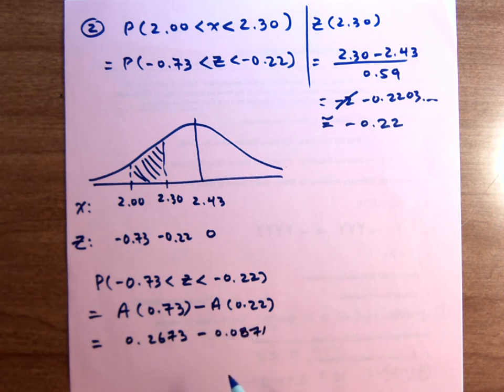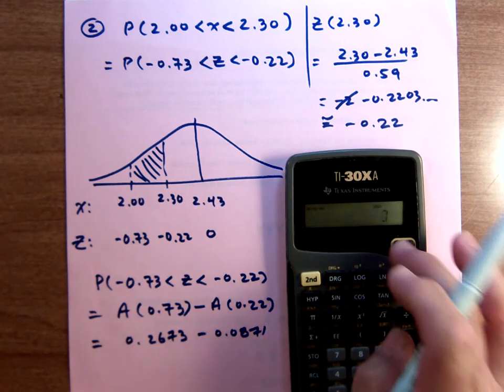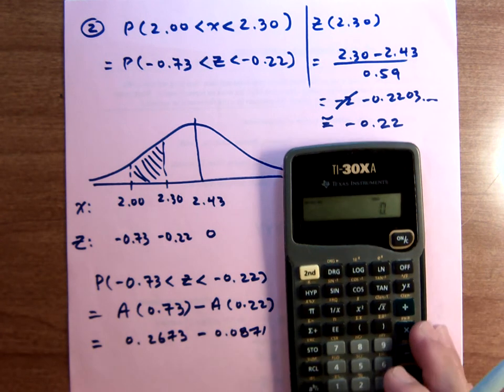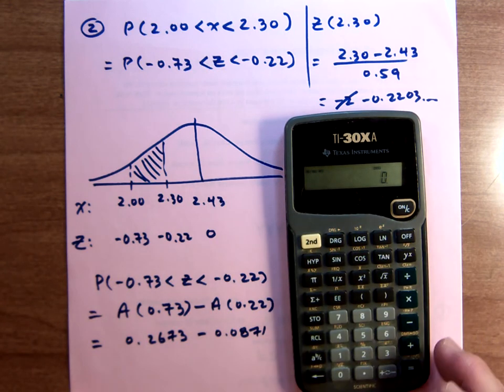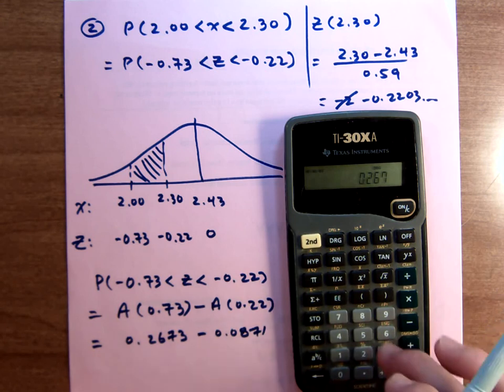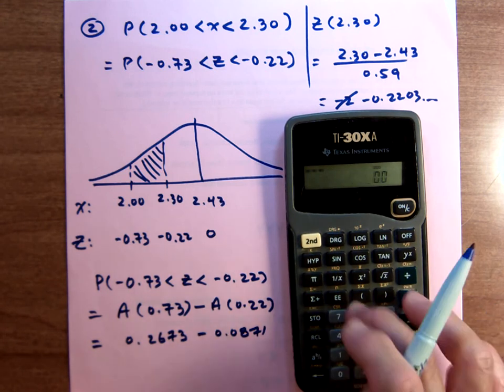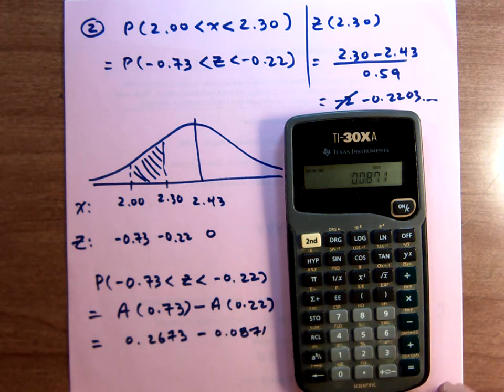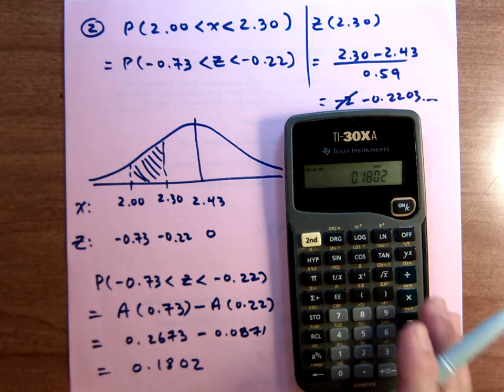Subtract that in the calculator: 0.2673 minus 0.0871 equals 0.1802. So there is my answer.